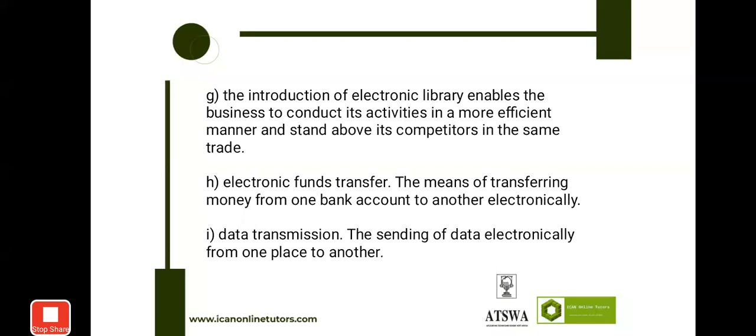You download books online, you have them stored in your phone, and then you read them from time to time. So we don't have to go about looking for how to buy a particular book somewhere and send it down, but just in our smartphone, we can have more than 2,000 ebooks stored there. So this helps businesses to conduct their activities in a more efficient manner and helps them to stand above their competitors in the same trade.